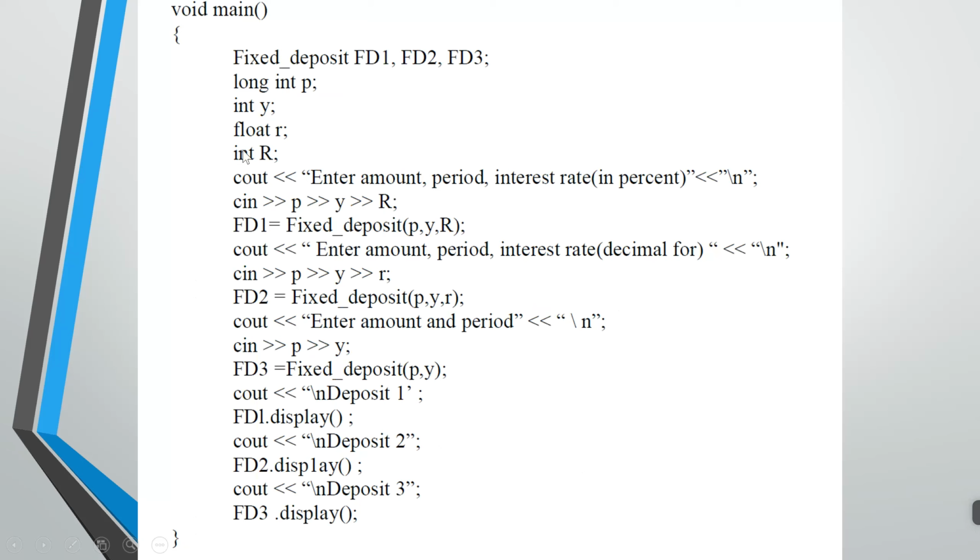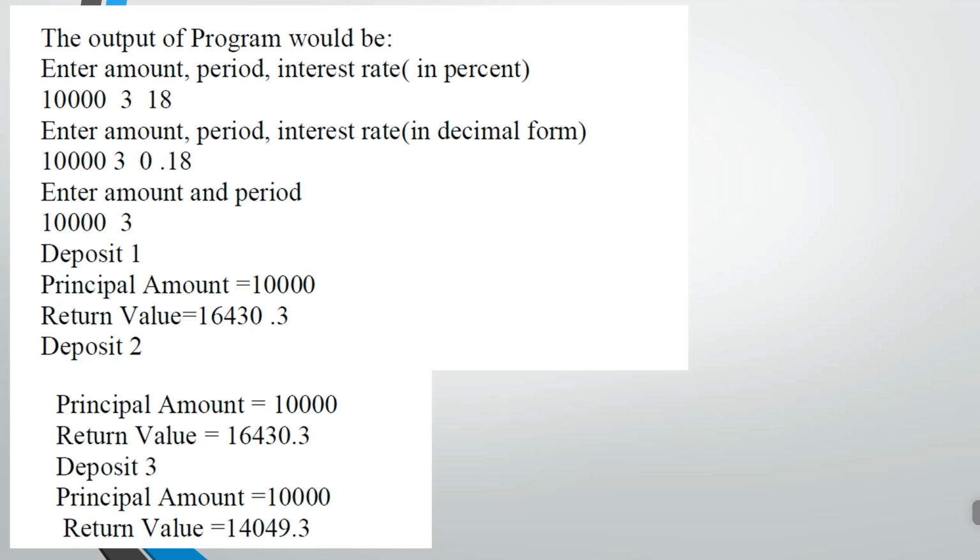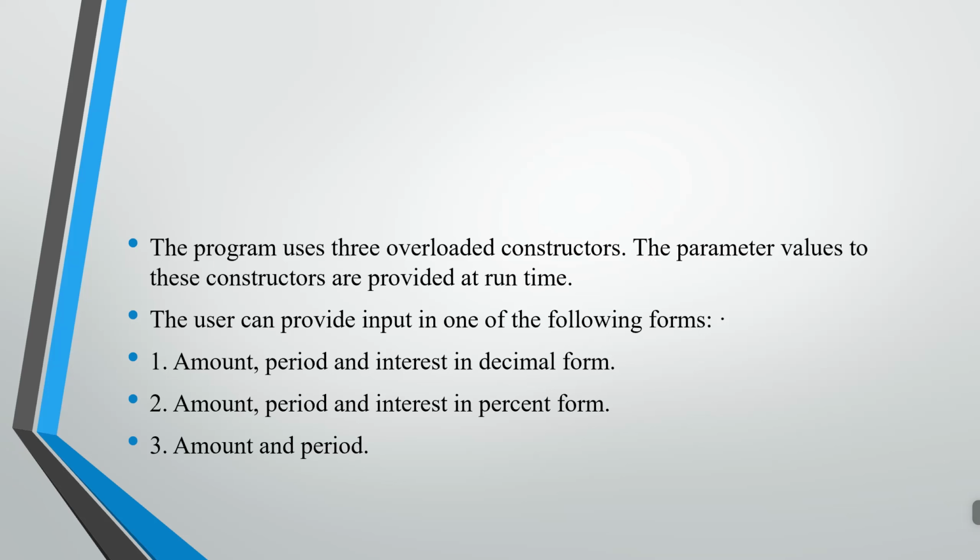So the logic of this program is that these three objects are created by means of a default constructor. This makes use of the third one. This makes use of the second one. This makes use of the constructor with the default argument. So here the example gives the uses of different types of constructors.